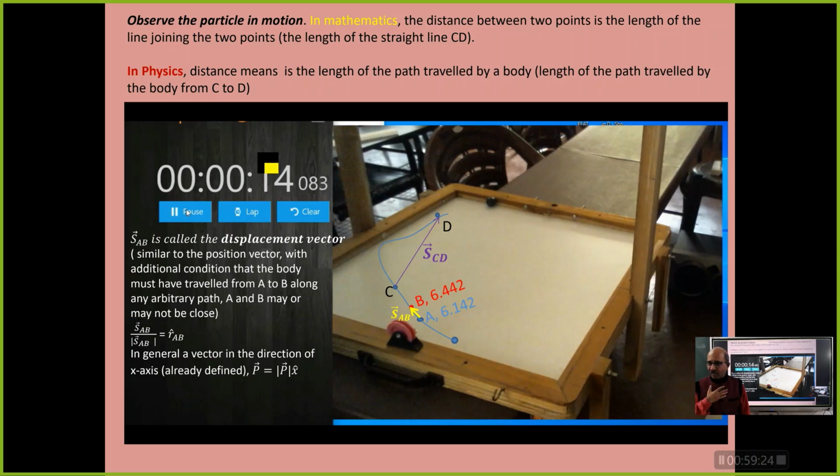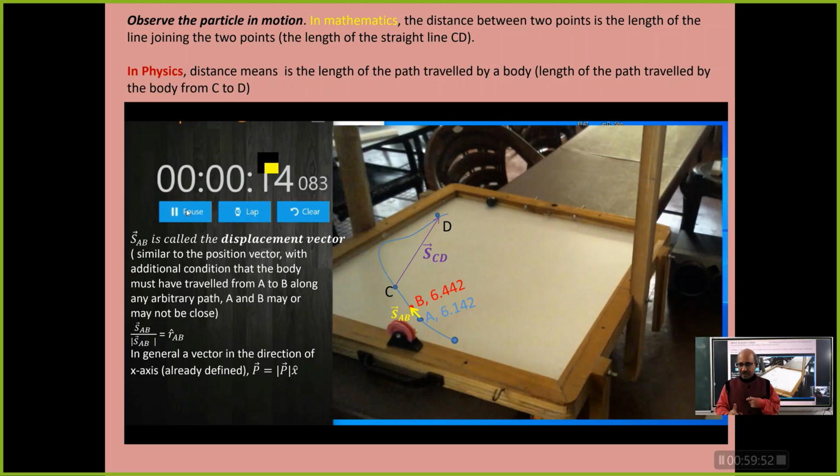So the displacement vector is the position vector with an additional condition that the body must have traveled. See, what is the position of Rushil with respect to me? I just have to draw a line from here to Rushil, put an arrowhead and say this is the position vector defining Rushil. The value of this position vector, I will measure as the straight line distance. For defining a position vector, I don't need the body to travel. So a position vector can be defined whether the body has traveled or not.